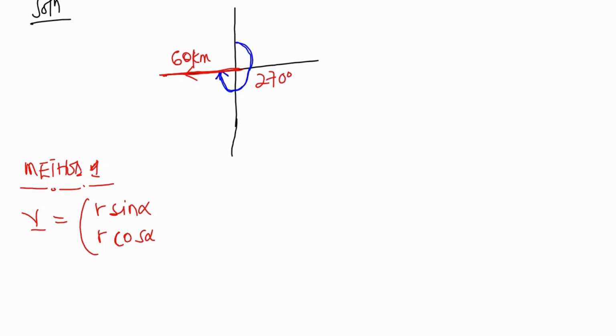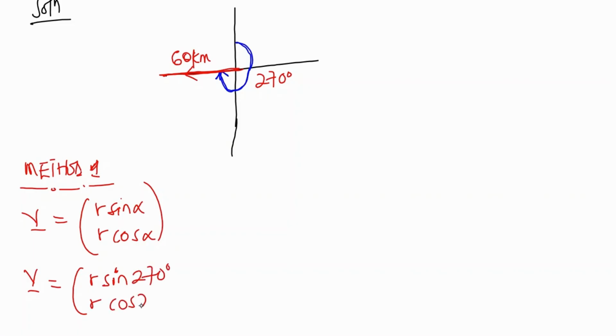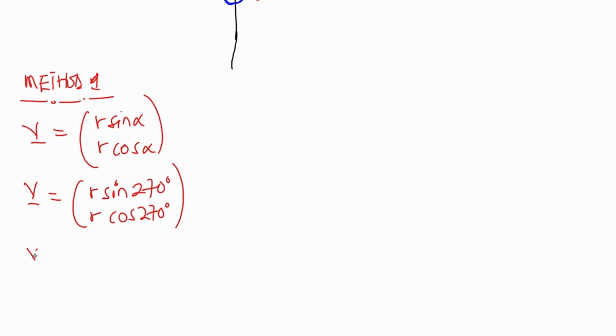Well, I think I have to write it also. So r sine of alpha, and then you have r cos of alpha, which means our v now is equal to, now r sine, so alpha happens to be the original angle given to us, that is 270, and we have here r cos of 270 degrees, which means our v now in component form is, now what is r?